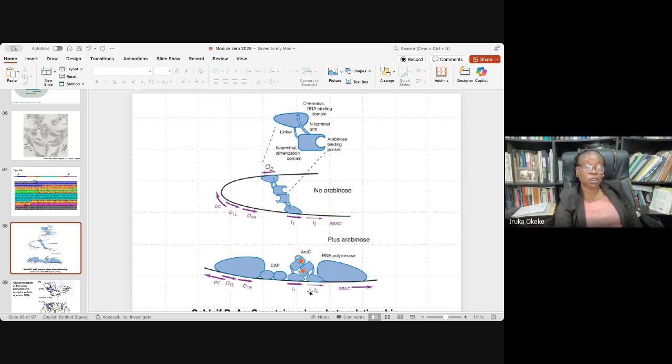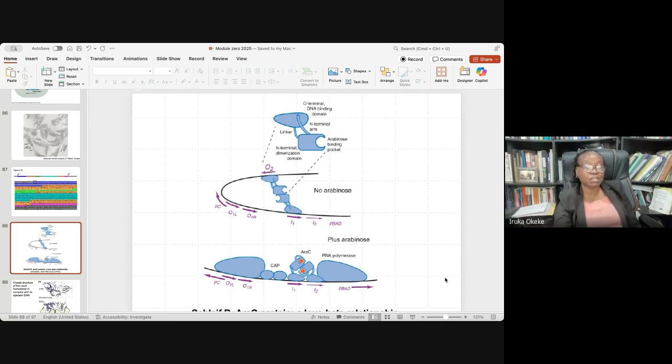If it binds in one conformation in the presence of arabinose, shown in orange, it recruits RNA polymerase, which allows the genes to be transcribed. The BAD genes are involved in metabolizing arabinose. So in the presence of arabinose, the AraC protein takes this shape, recruits RNA polymerase, and allows the arabinose BAD genes to be transcribed.